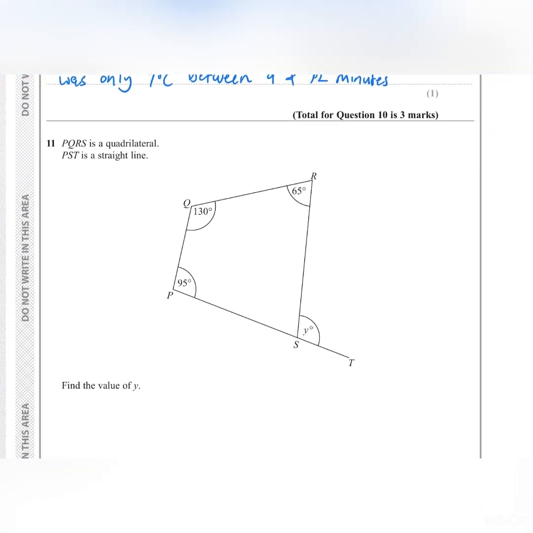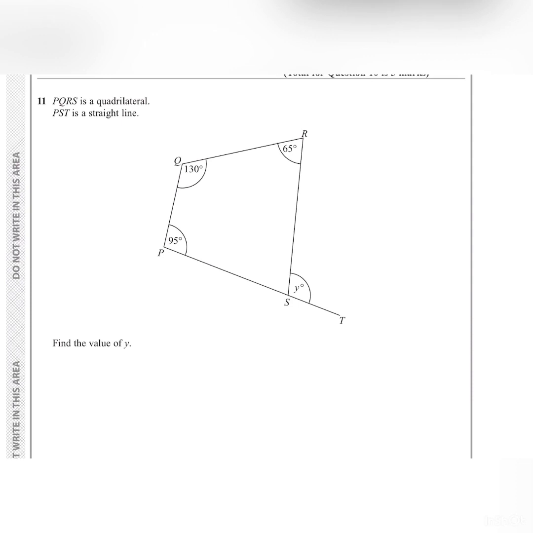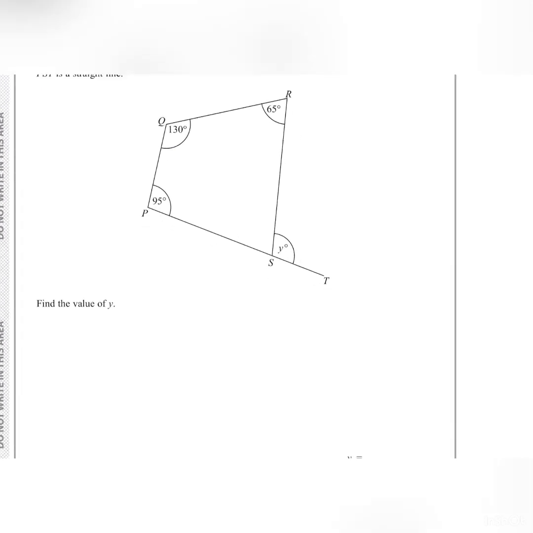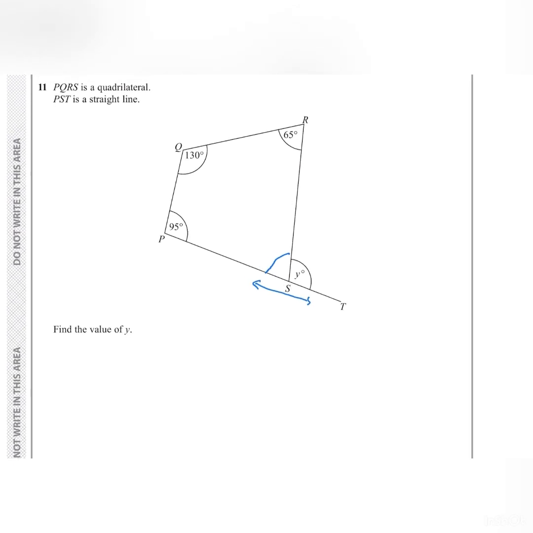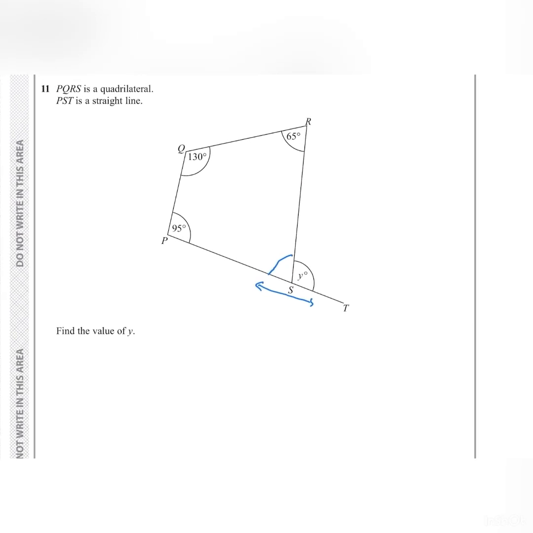Okay, question number 11, and it says PQRS is a quadrilateral and PST is a straight line, find the value of y. Okay, so we know on a straight line, the angles add up to 180 degrees, but in a 4-sided shape, the angles add up to 360 degrees.